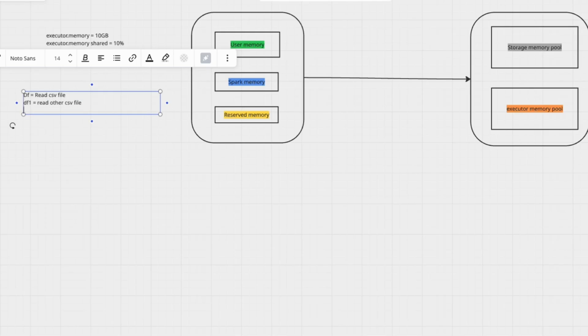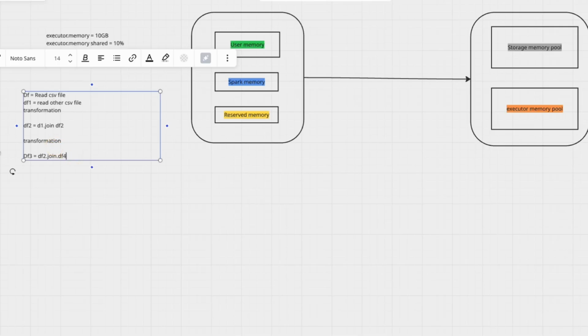I did some transformation here, and then I have another data frame, df2, which is df1 dot join df2. Again I did some transformation, and then I again did df3 equal to df1 or df2 dot join some other data frame, or we can say df4, which was created somewhere in this transformation.